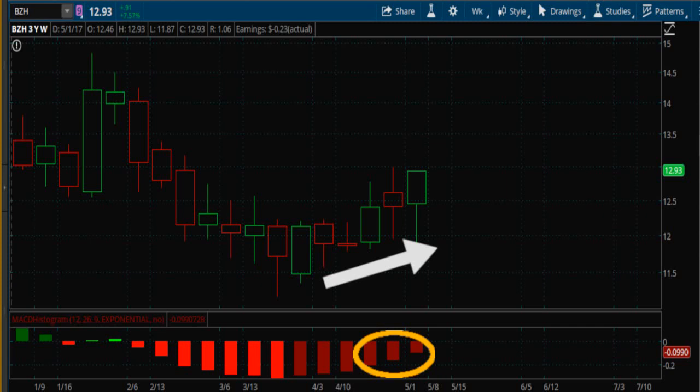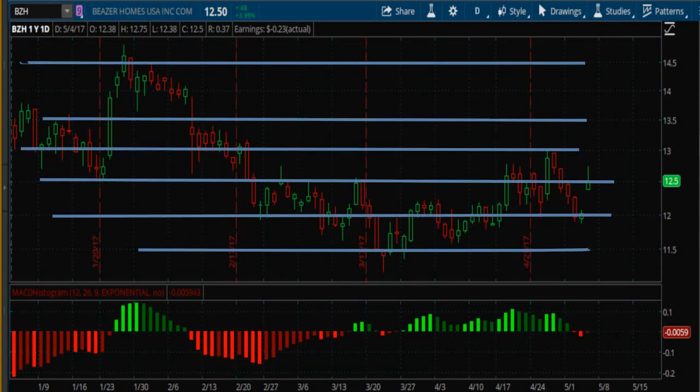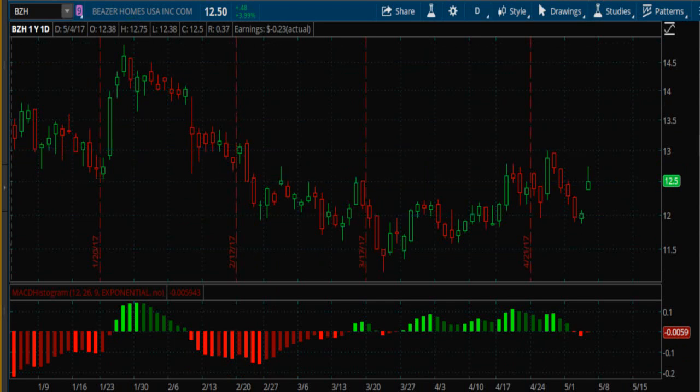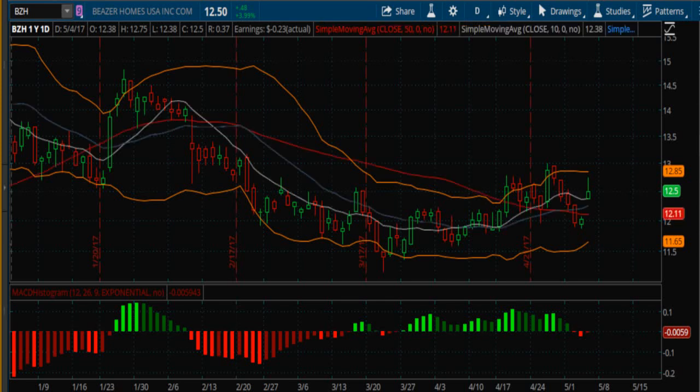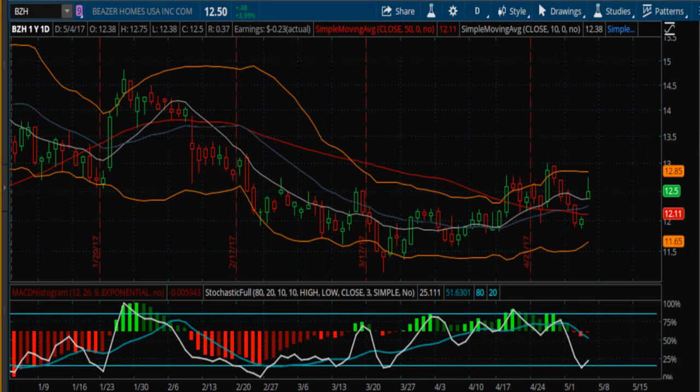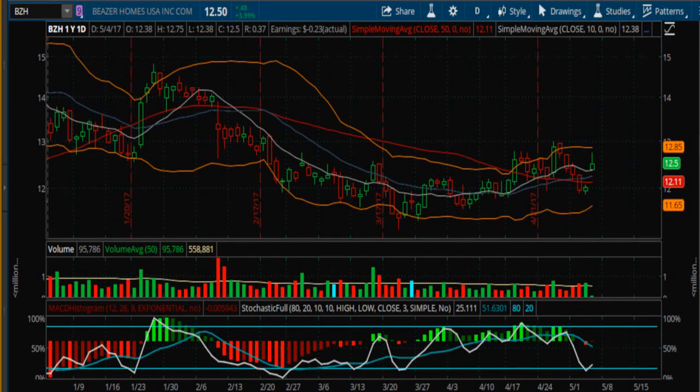We start by drawing support and resistance lines, comparing price location and direction to the Bollinger Bands, comparing price location and direction to the moving averages, and looking at MACD histogram, stochastics and volume. Don't forget to look for ranging areas where a trend direction may develop.